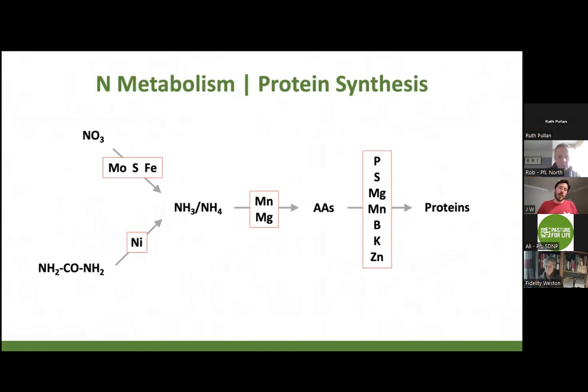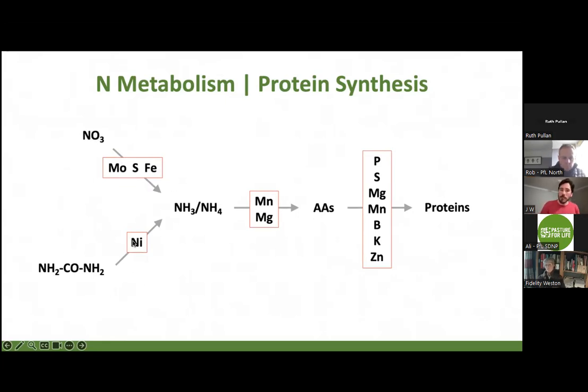And what we're illustrating here is that in order to convert that, for example, nitrate, along this metabolic pathway, we need things like molybdenum, like sulfur, like iron. These are key nutrients that facilitate the conversion. And if we have a limitation or deficiency of these, we will not be able to nudge that nitrate along.